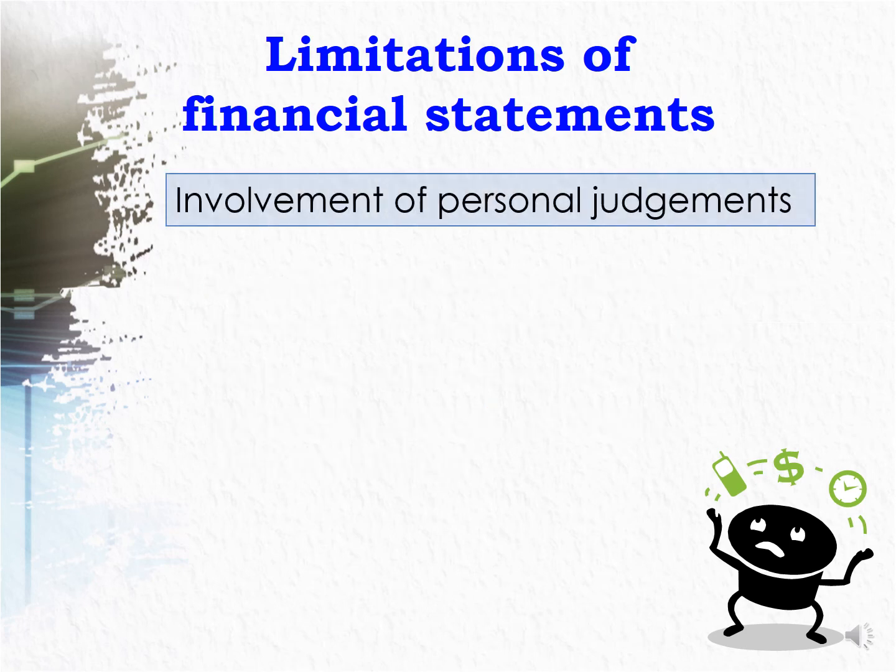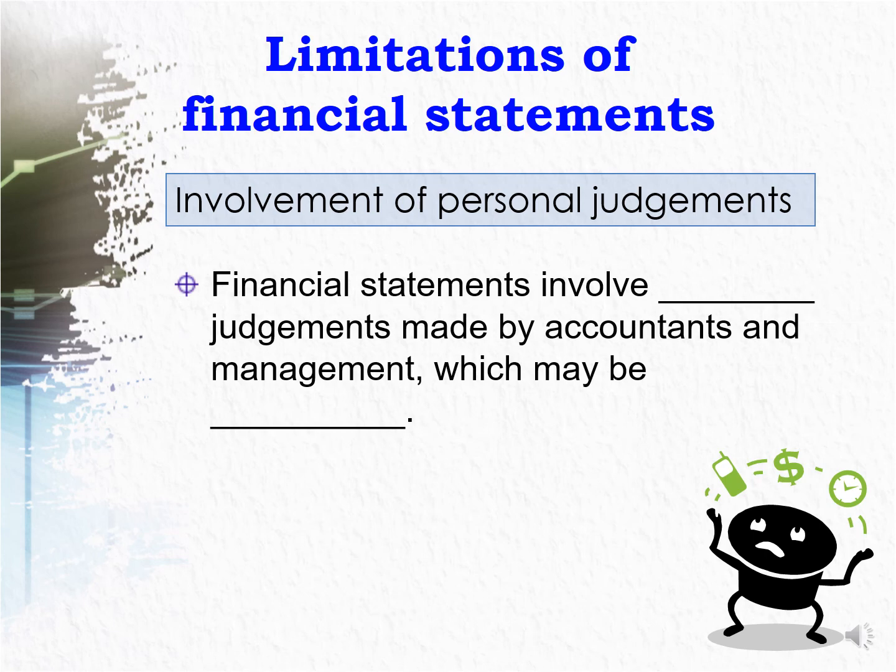And then the third one is the involvement of personal judgment. As I told you before, the accountant can choose different accounting methods or policies for the firm. So the financial statement involves personal judgment made by the accountant or the management, which may be subjective.